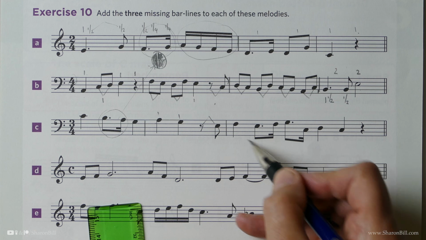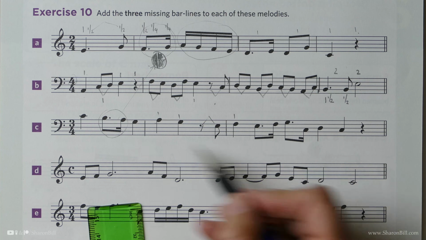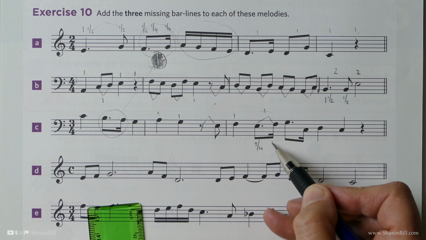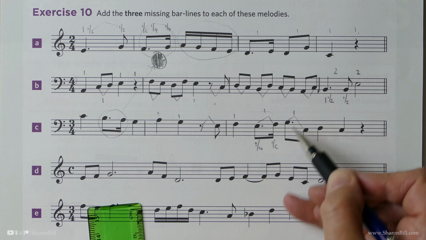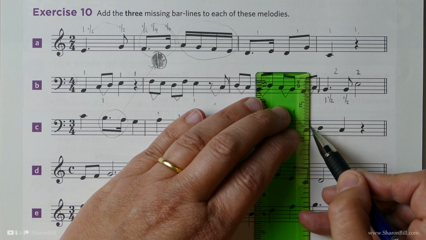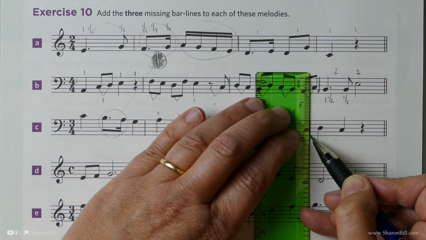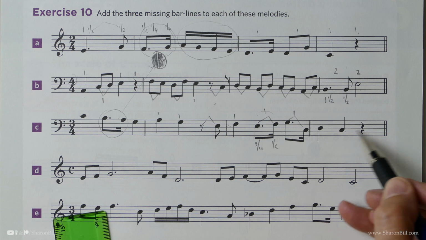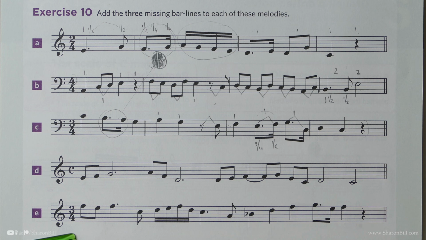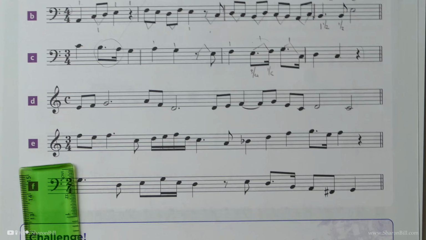Again, we've done the maths here. So 1, we know that's 1, 3 quarters plus a quarter. Same again, there's 1, 1, 2, 3, bar line. And that should leave us 3 at the end. Let's just check. 1, 2, crotchet beat rest 3. That's correct. Let's have a go at this next one.